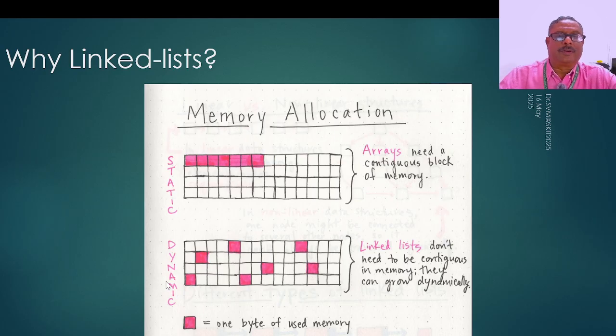Whereas in dynamic allocation, for example a linked list, we can use different positions wherever available, write our data, and connect the links so that we know where the first data is, where the second data is, and so on. So that's the basic idea about the linked list.